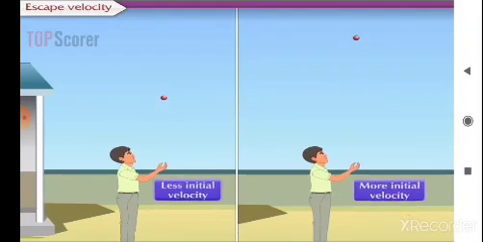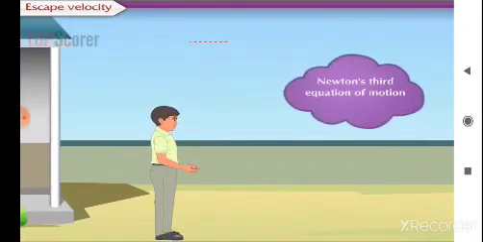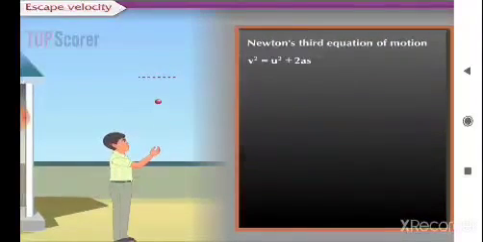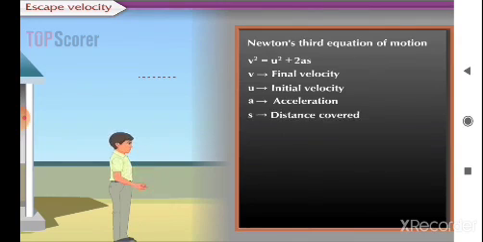According to Newton's third equation of motion, v square is equal to u square plus 2as, where v is the final velocity of the ball which is equal to 0, u is the initial velocity, a is the acceleration, s is the distance covered.